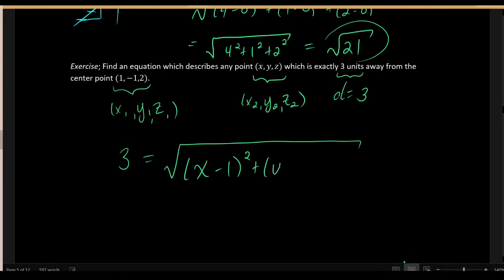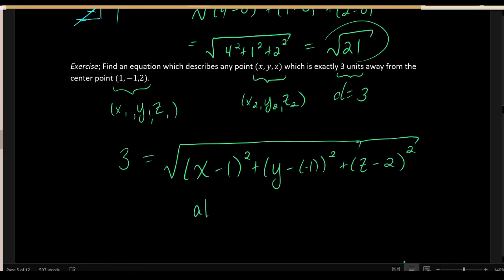Then y, take away the second y, square that. And then z, take away the second z, square that. This equation describes any point x, y, z which is exactly 3 units away from this given center location.